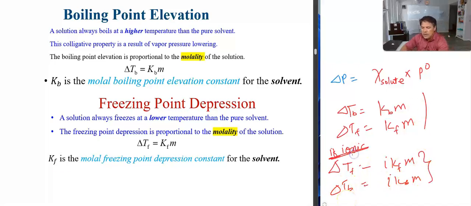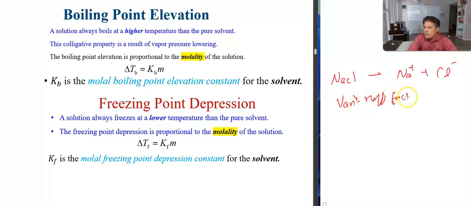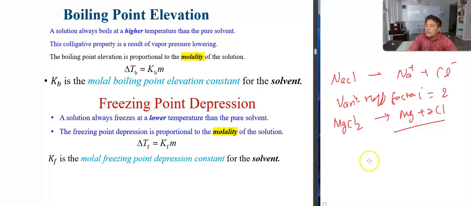And the van't Hoff factor is approximately equal to the number of ions. For example, NaCl can give you two types of ions. One is sodium plus, the other is chloride minus. That's why the van't Hoff factor i is equal to 2 for NaCl. This is pretty easy, right? For example, MgCl2: it has Mg plus 2 Cl, that's why it will have 3.